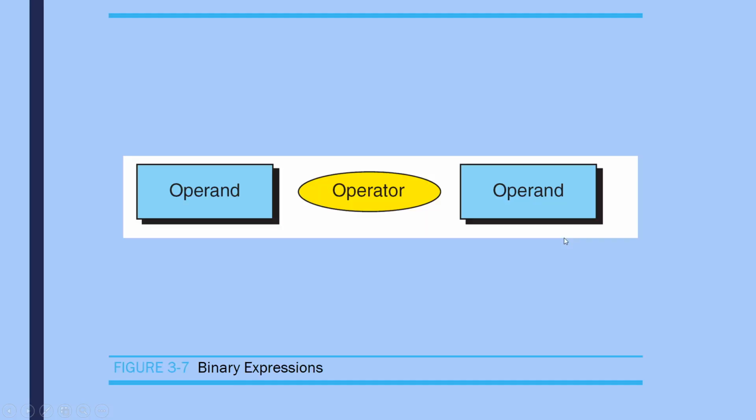Now we have the binary expressions. From the word binary, there are two operands in the expression. We have operand followed by the operator and the operand, just like A plus B, in which the operator is plus.